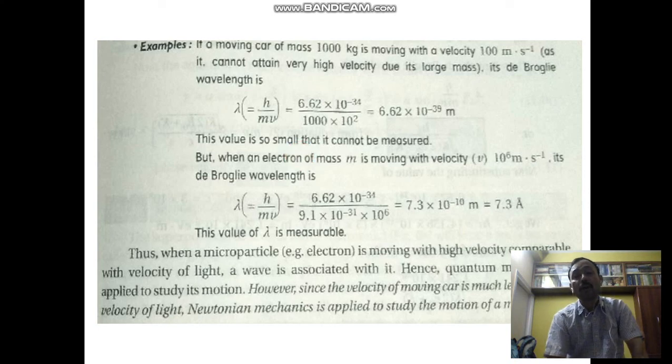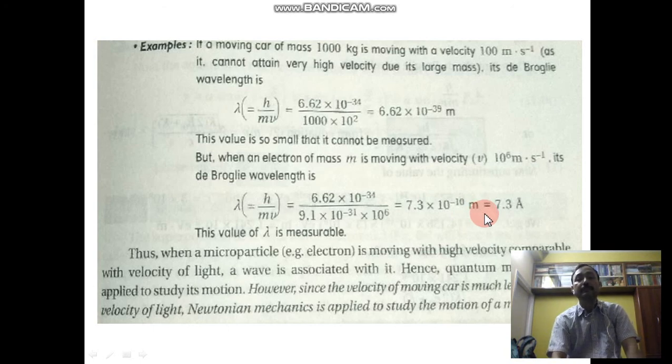But when an electron of mass m is moving with velocity v, electron velocity is 10 to the power 6 meter per second, its de Broglie wavelength will be lambda is equal to h by mv. This is h, this is m, 9.1 into 10 to the minus 31, and velocity is 10 to the 6 meter per second. Putting this value, this becomes 7.3 into 10 to the power minus 10 meter. That means 7.3 angstrom.